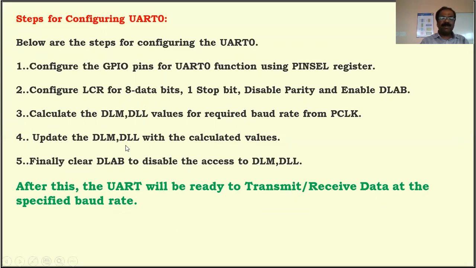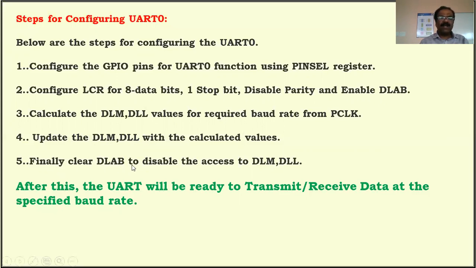Update the DLL with calculated values. We have calculated for 15 megahertz and 9600 baud rate. We are getting 0061 in hexa. We are loading 00 into DLM and 61 into DLL. That is completed.